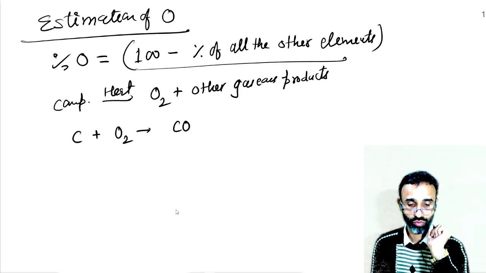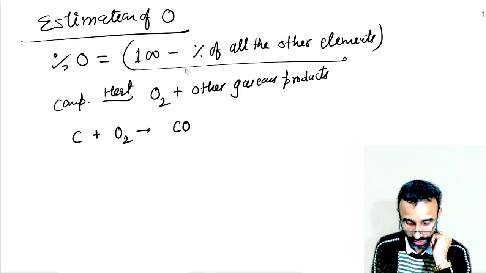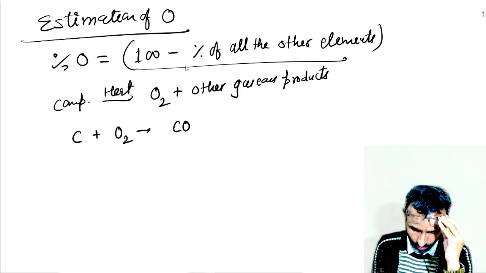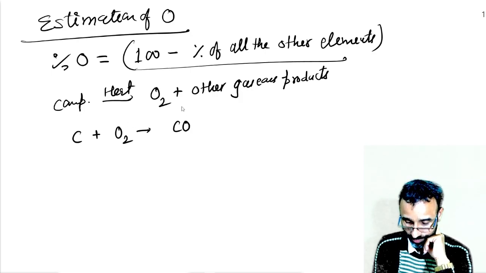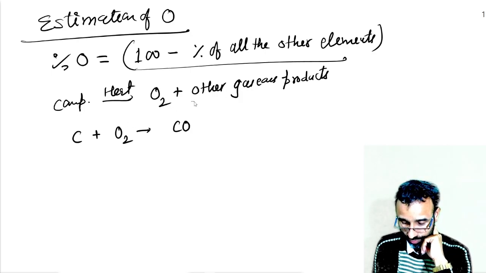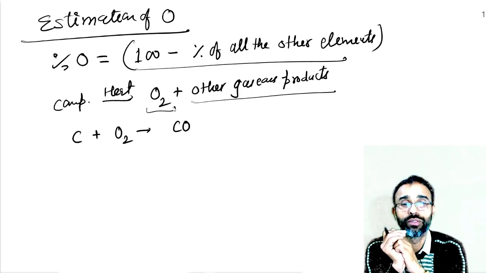So to calculate percentage of oxygen directly, first we heat the mixture, and various gaseous products along with oxygen are formed.